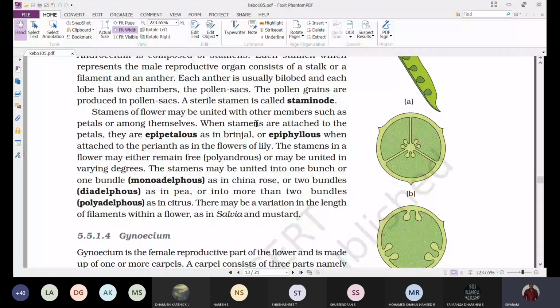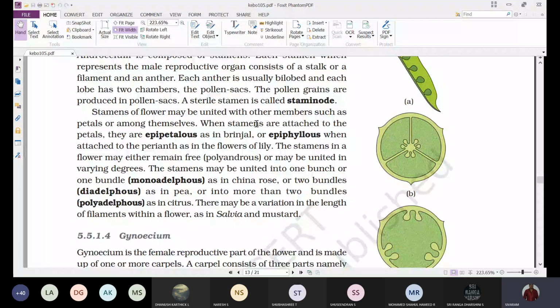Okay, so such a phenomenon we are calling epipetalous. Observe in case of Solanaceae, Datura, brinjal. In this we can observe epipetalous.